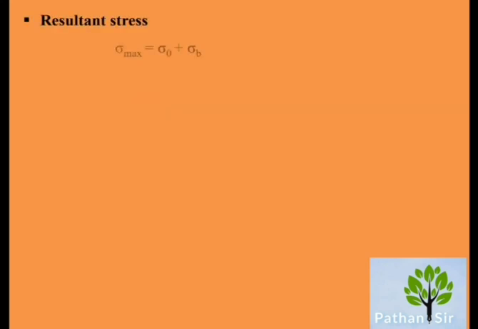And in the last step we will find the resultant stress. It means we have to find the value of sigma maximum and sigma minimum. Sigma max is given by direct stress plus bending stress: 2.84 plus 7.79, so the answer is 10.63 Newton per mm square. As we discussed in the previous lecture, if the answer comes positive, it means compressive stress, and if the answer comes negative, it means tensile stress.